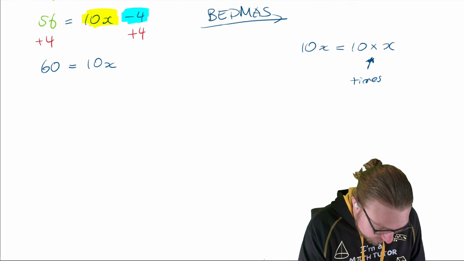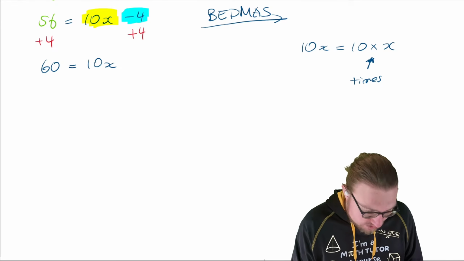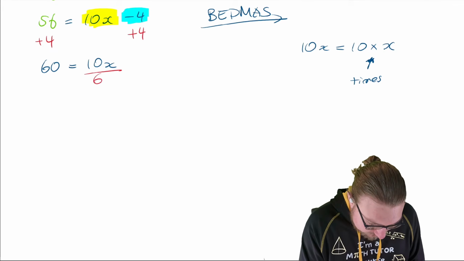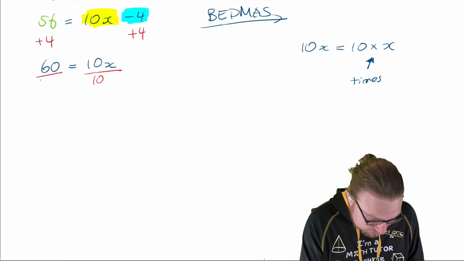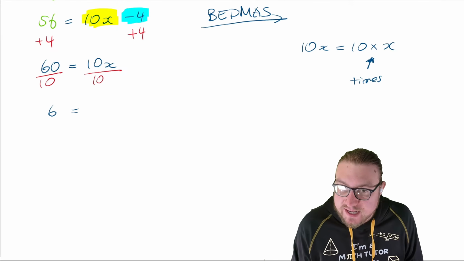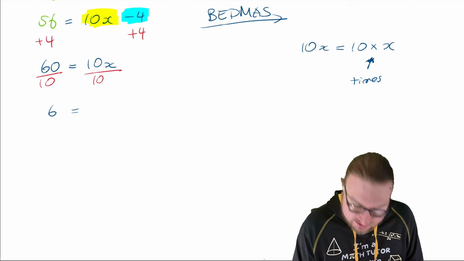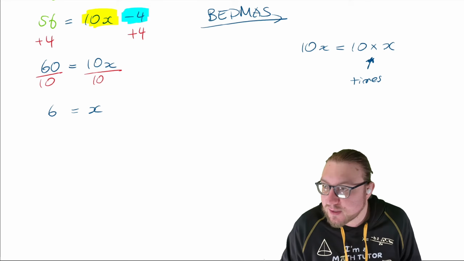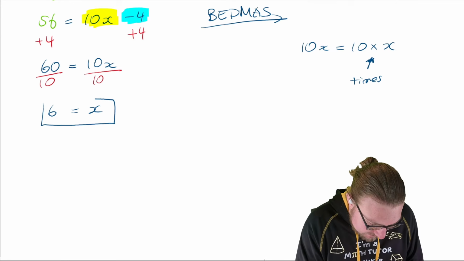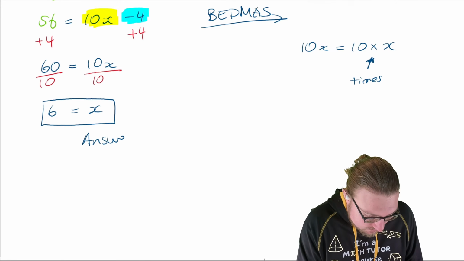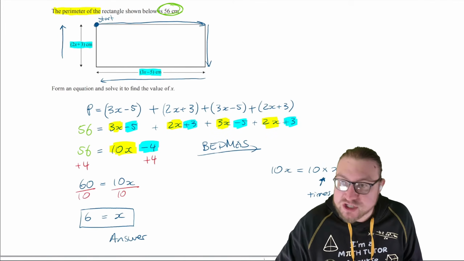So how do we get rid of a times by 10? We do the opposite. So divide by 10 on both sides. Get 6 on the left-hand side, and on the right-hand side, we get x by itself. Okay, and there we go. That is our answer. And we finished our first question.